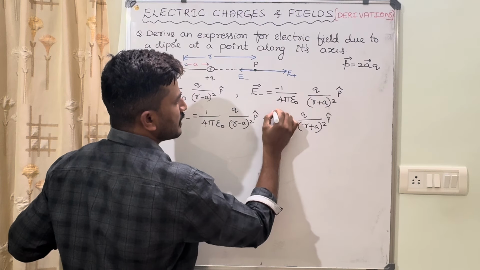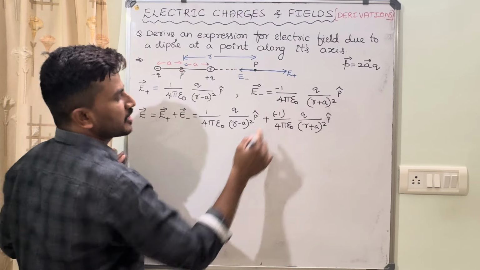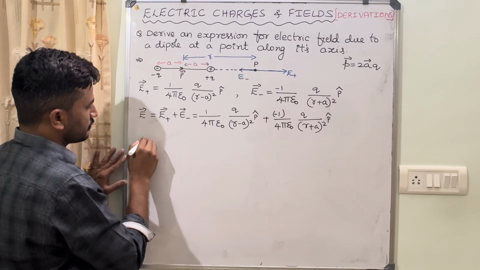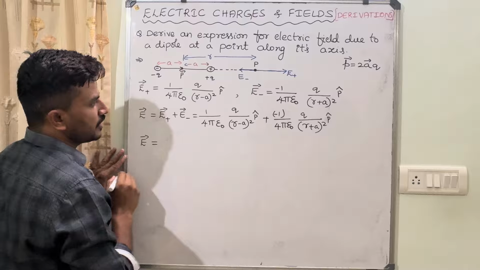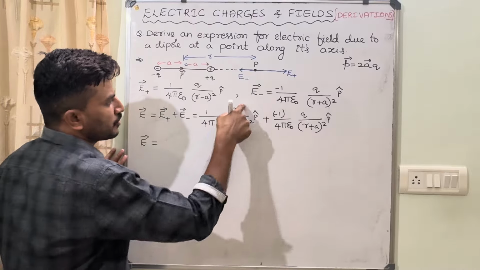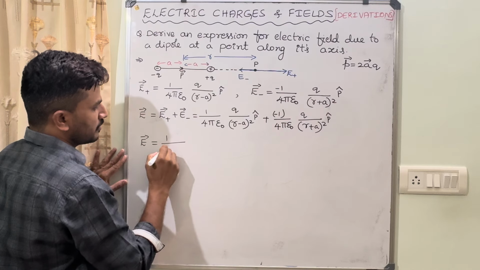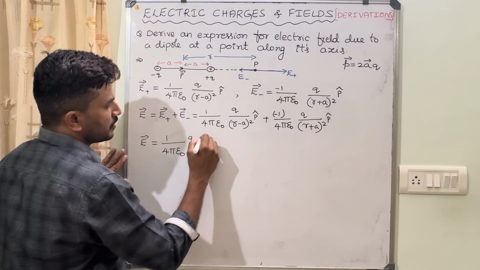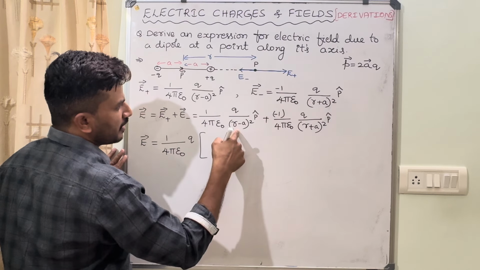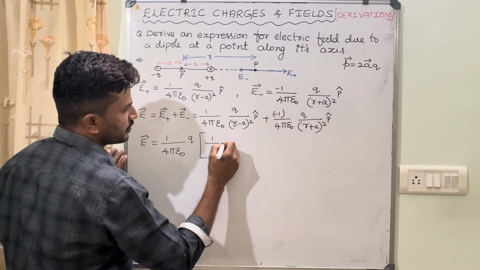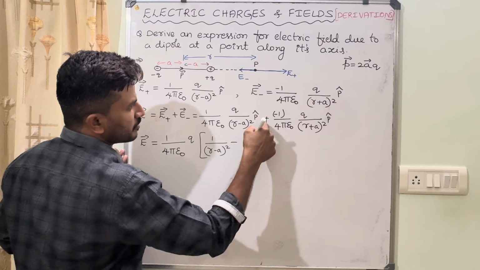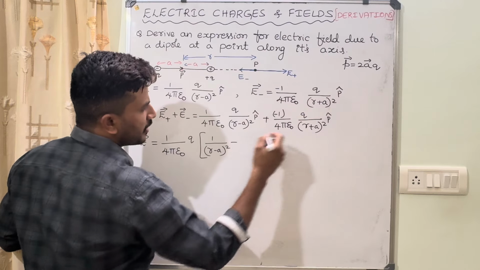Sir, minus is there. Yes, this plus into minus becomes minus. Now E is equal to 1 by 4 pi epsilon naught q, which is common, remaining 1 by r minus a whole square minus 1 divided by r plus a whole square.